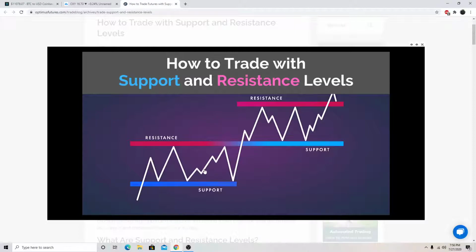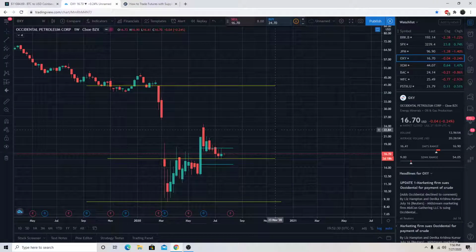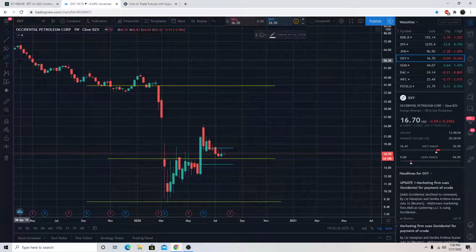And just like in a building, you can't go from the first floor to the third without going to the second. So that's the way you want to look at trading. Basically, when you're trading, you're going to be consolidating, meaning you're going to stay on the floor, and then you're going to take the elevator. Now you need to ask yourself the question: is the elevator going to go up or is the elevator going to go down?